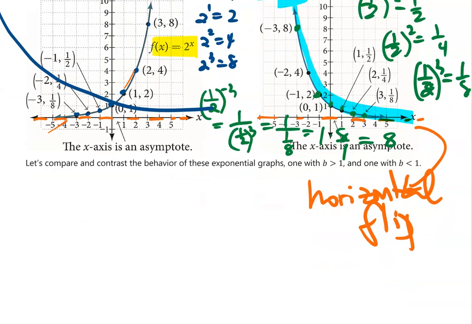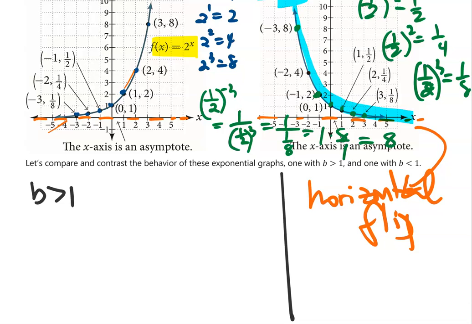Let's compare and contrast the behavior of these exponential graphs. One with b greater than 1 and one with b less than 1. So we know that for b greater than 1, always remember that the graph is like this.